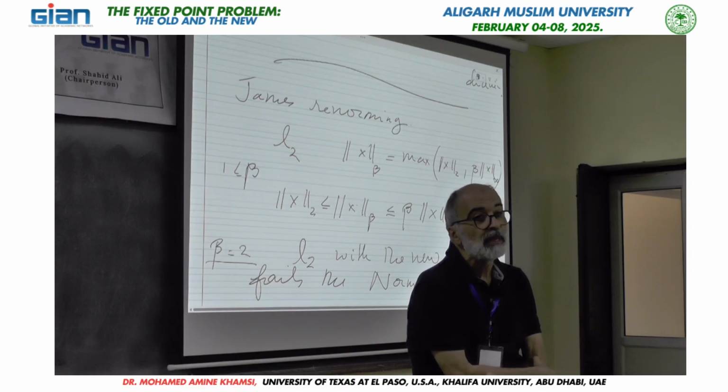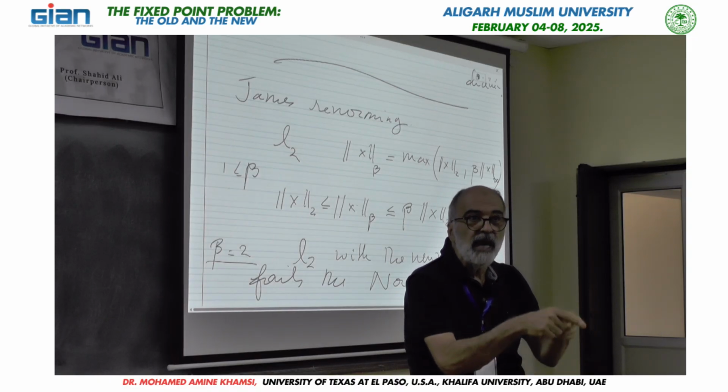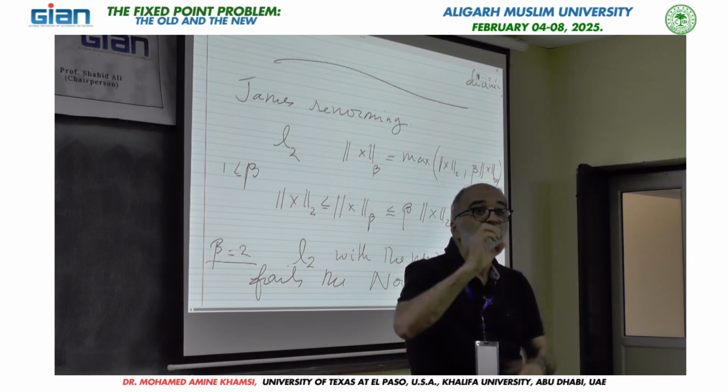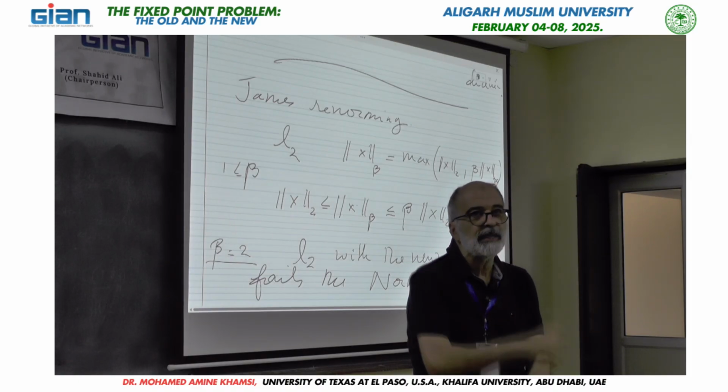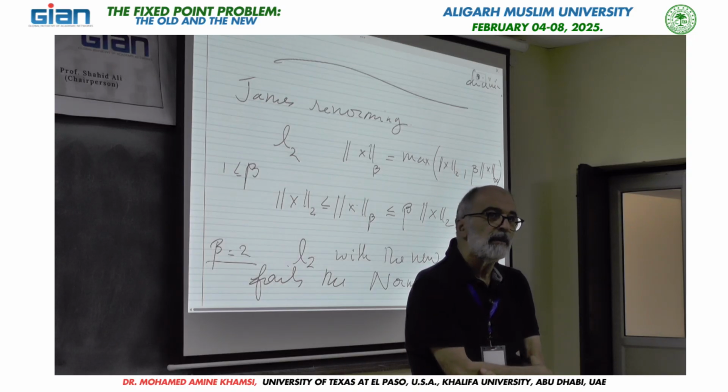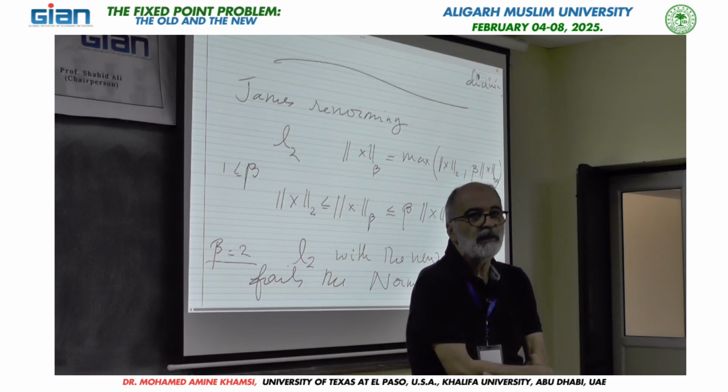What happened for beta bigger than 2? Baillon was able to prove it for some special values of beta, he told me himself, but he was never able to prove it for any beta.